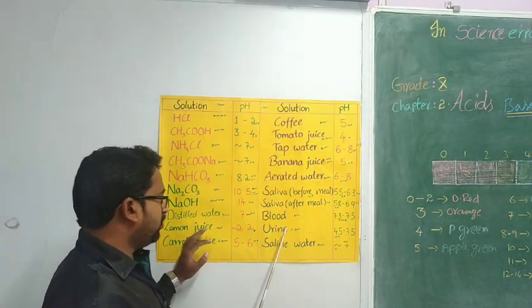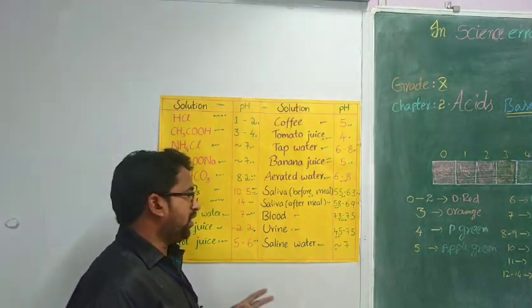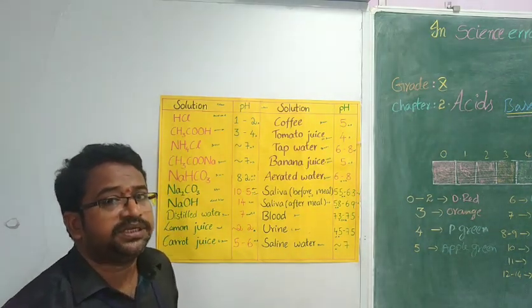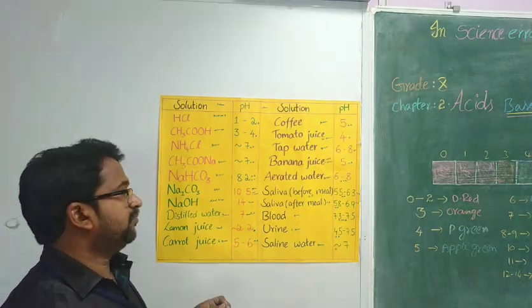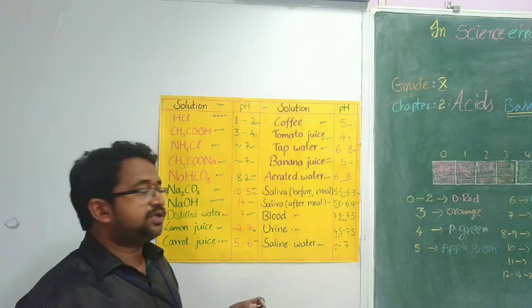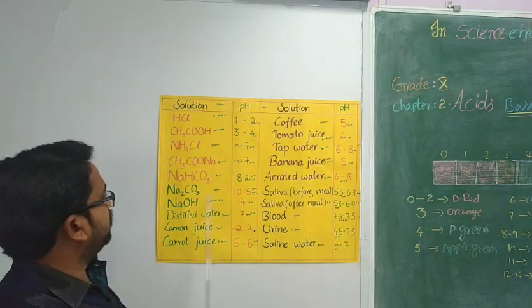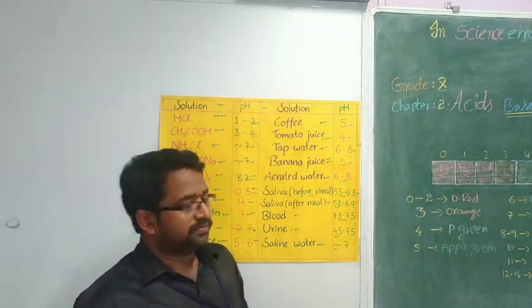Add blood, urine, saline water and battery acid. Battery acid pH is 0. So totally 21 will be there. Understood? If I have completed the table, let us go to our regular topic.